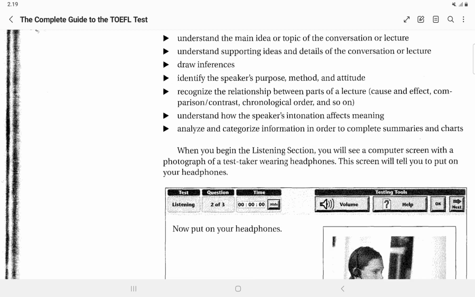Understand how the speaker's intonation affects meaning, analyze and categorize information in order to complete summaries and charts.